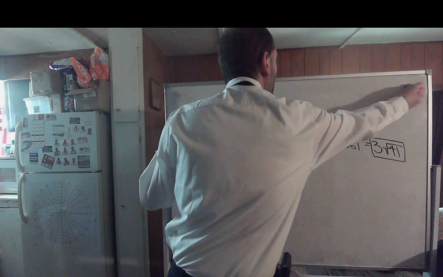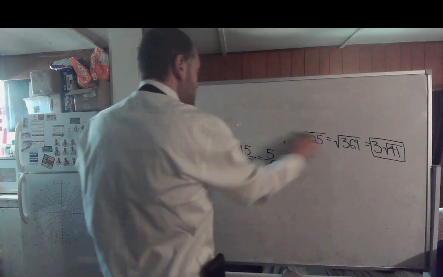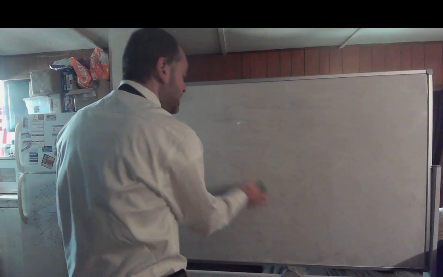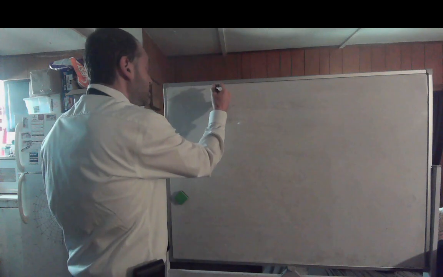So now for the next exercises, we're going to be given the magnitude of a vector and the angle it makes with the positive x-axis, and we need to find the component form.